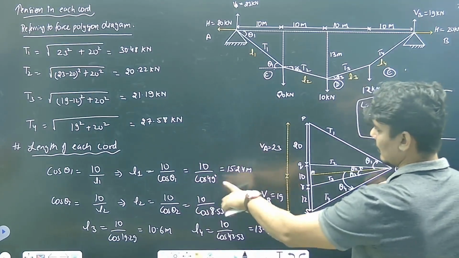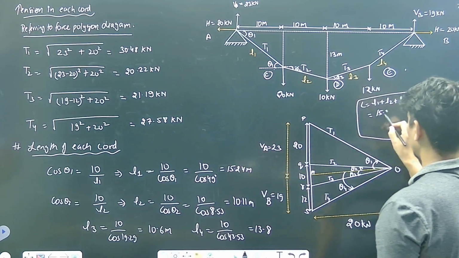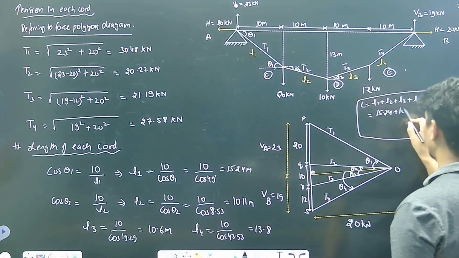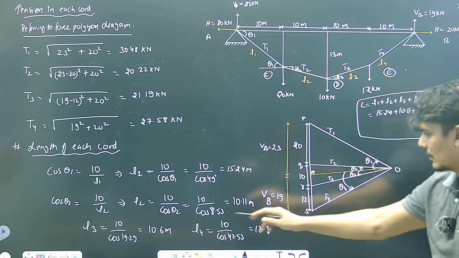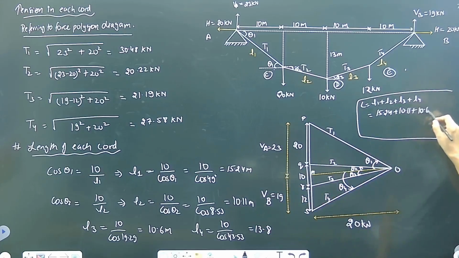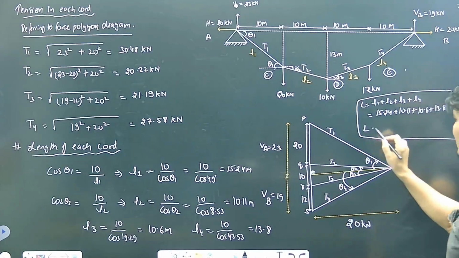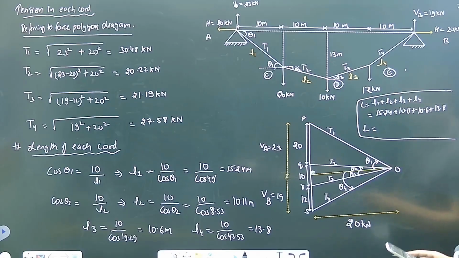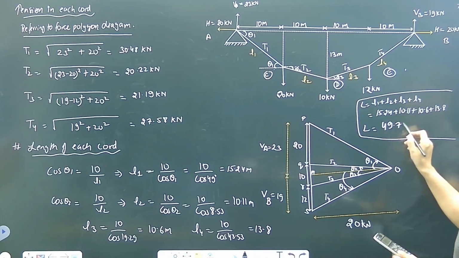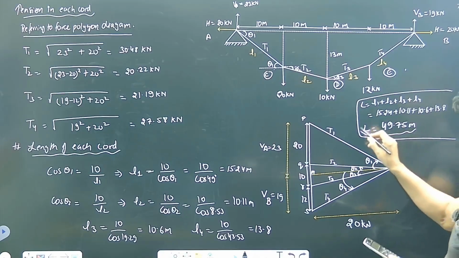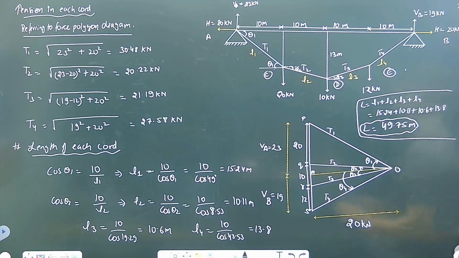L1 is 15.24 plus 10.11 plus 10.6 plus 13.8. So the total length of the deflected chord is 15.24 plus 10.11 plus 10.6 plus 13.8. It's 49.75 meter. So 49.75 meter is the answer. That's how you can calculate.